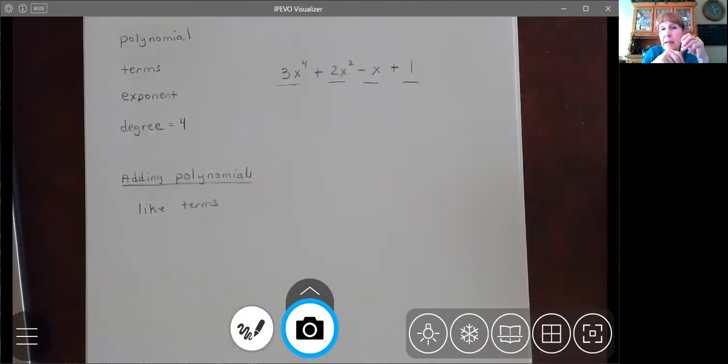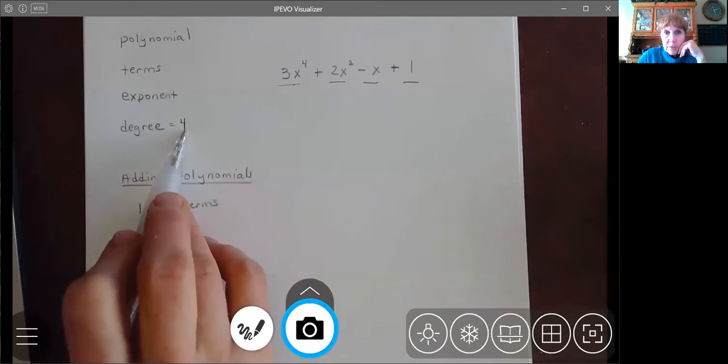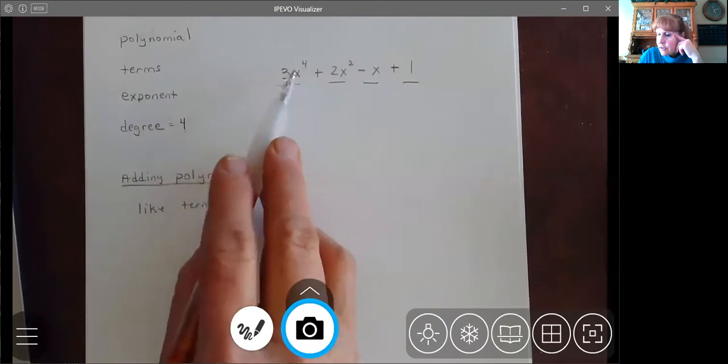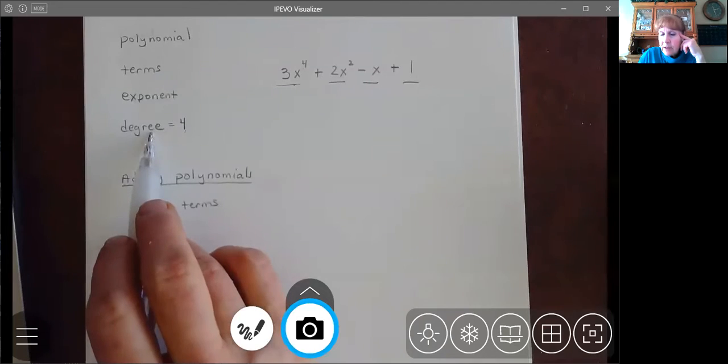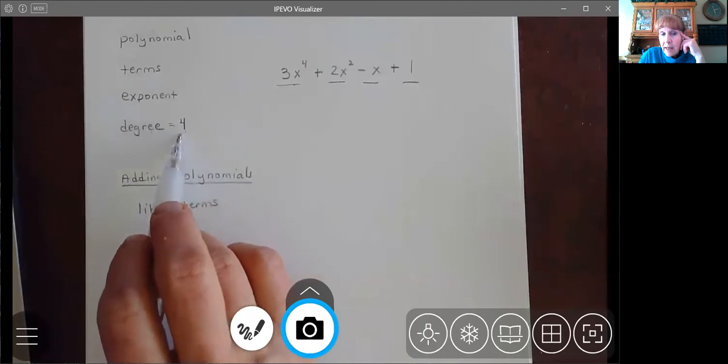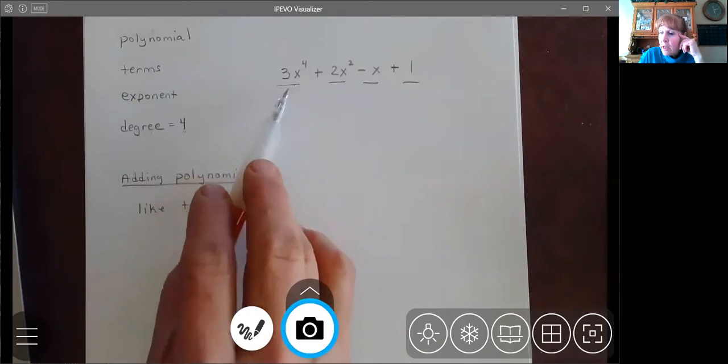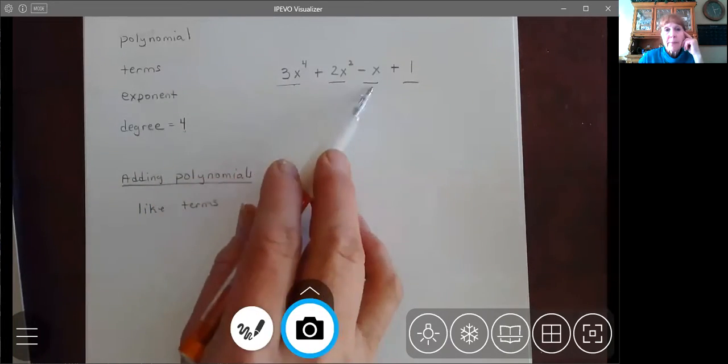It actually has some meaning as far as, if you set it equal to 0, how many possible solutions there could be. There could be up to 4 solutions. And this also tells you the shape of the graph. So it does have some significance. All we need to do is be able to identify, not determine what it does, but just identify the degree, and it will be the highest exponent if you look at each term separately.